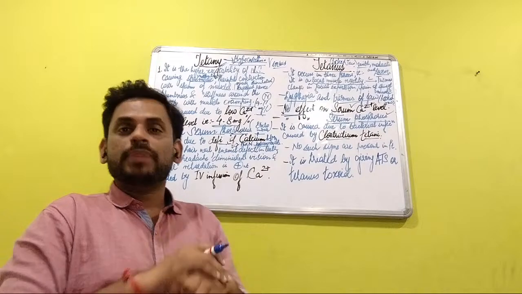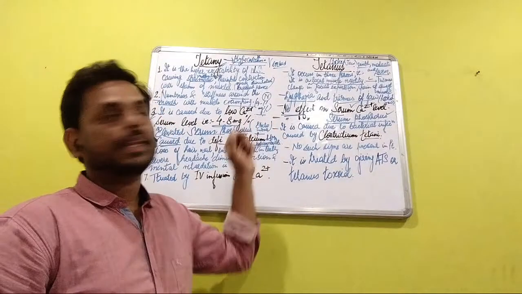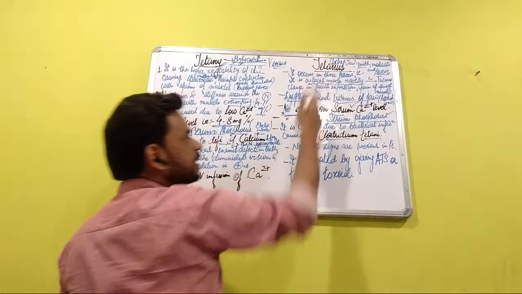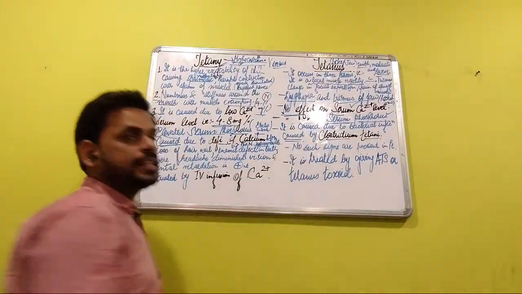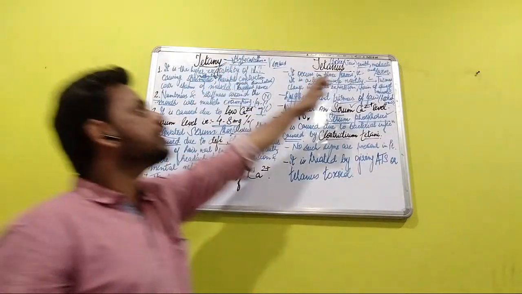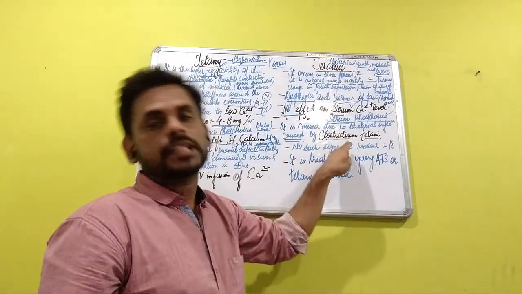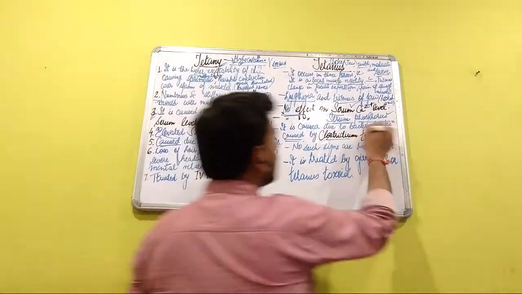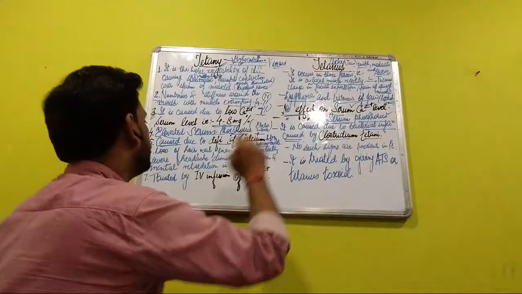But in the condition of tetanus, when we look at the cause, I have already said the cause of tetany is hypocalcemia. In tetanus, the cause is the bacteria called Clostridium tetani. So it is caused due to bacterial infection, that is Clostridium tetani.